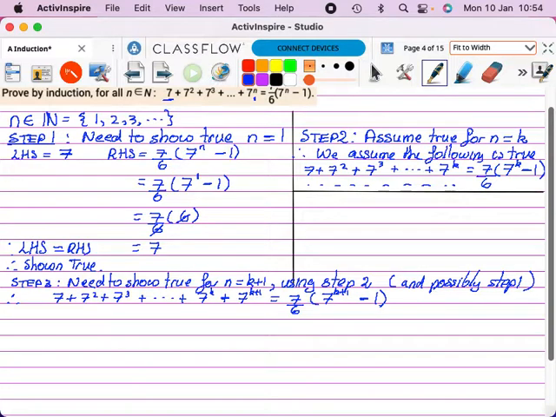Need to show true for n equals k plus 1 using step 2.